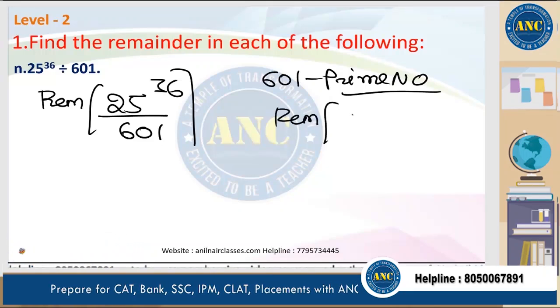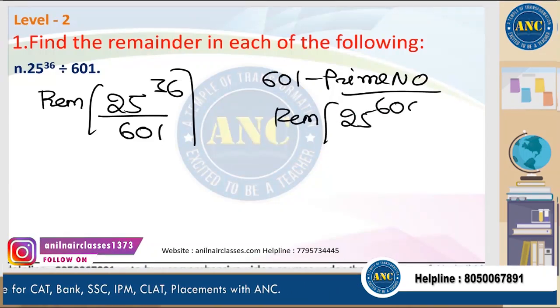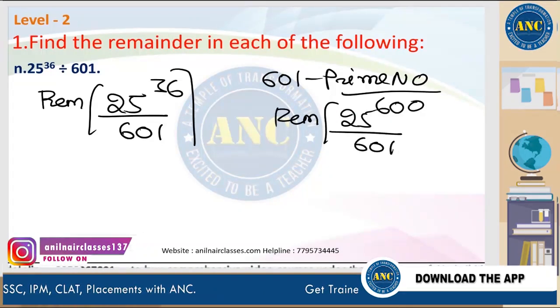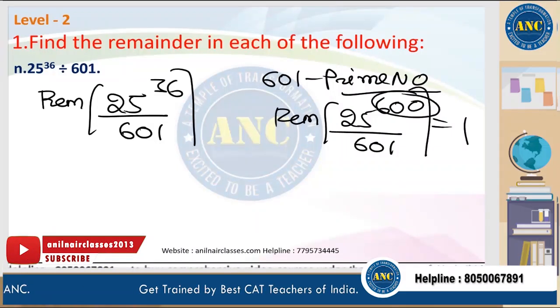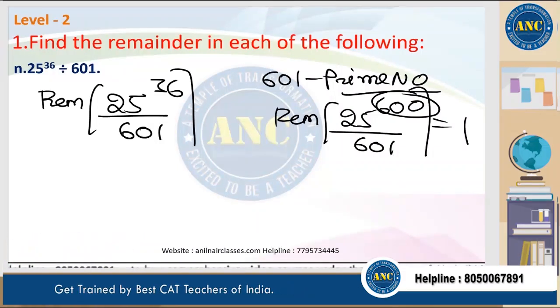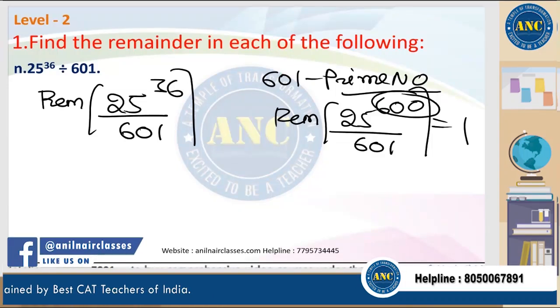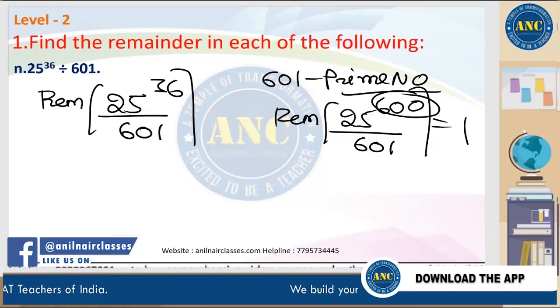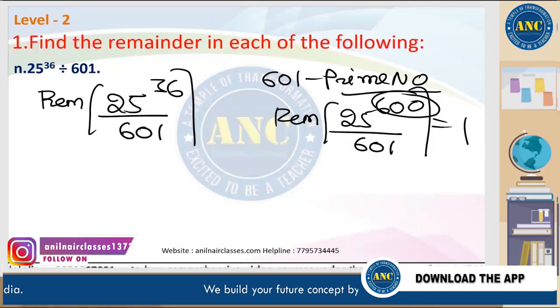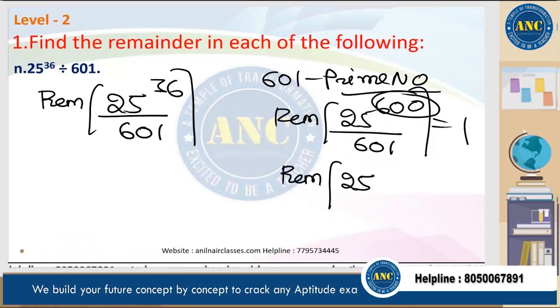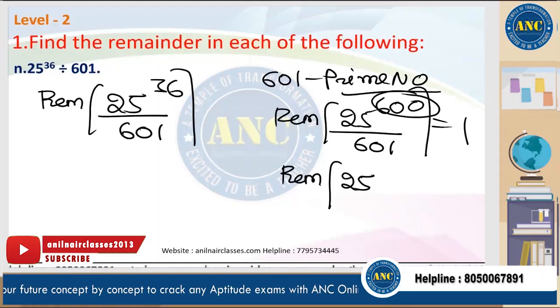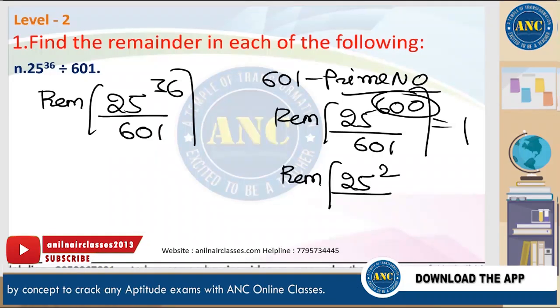So remainder when 25 power 600 is divided by 601 is 1. This is what I said. If 25 power 600 divided by 601 is 1, then for a factor of 600 somewhere you will get plus 1 or minus 1. Let me take 25 power 2, which is 625. Okay, let me take 2.